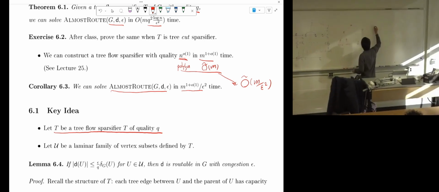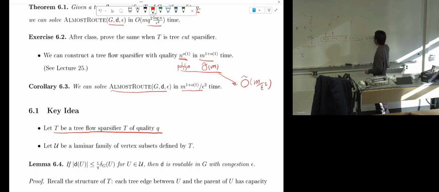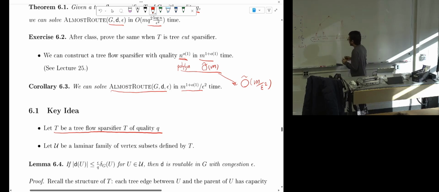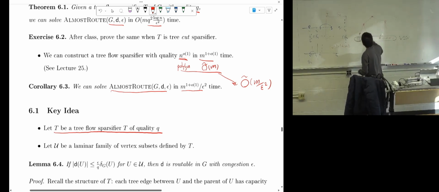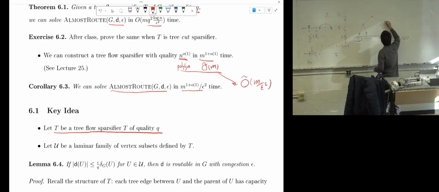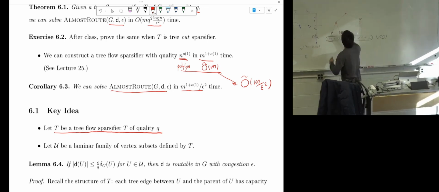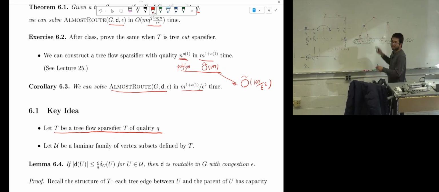This is my tree, and the vertices of the graph are here, right? This is V. Then this tree defines some laminar family of the set of vertices in a natural way. Basically, this guy corresponds to this set, this guy corresponds to this set, this guy corresponds to this set, and this one corresponds to the whole thing.